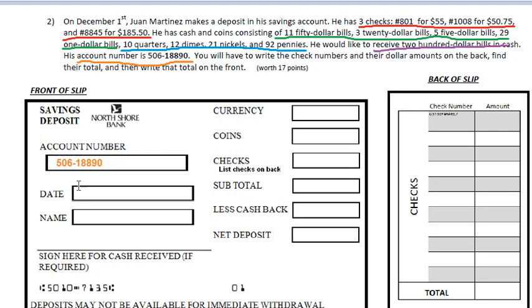That's the account number. The date is 12-1, of course, this year, 2015, is when this video is being made. And then the name of the person, Juan Martinez. All right? And so we've got that beginning info figured out.